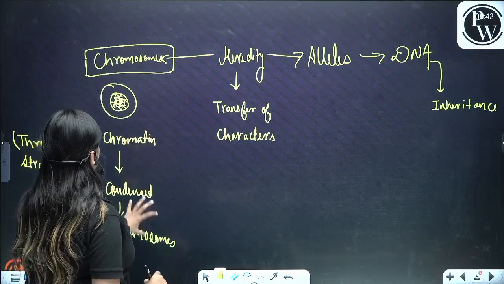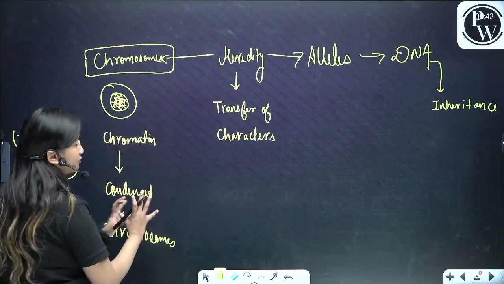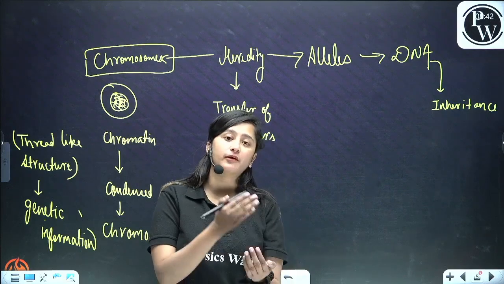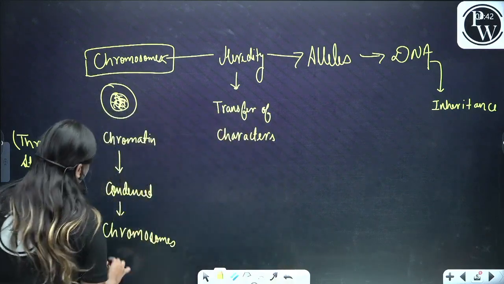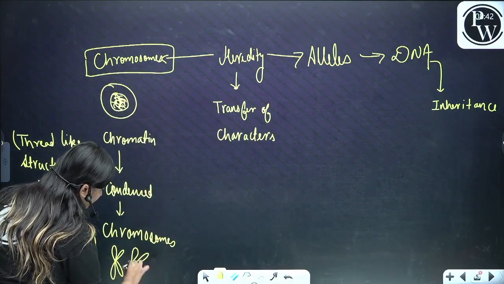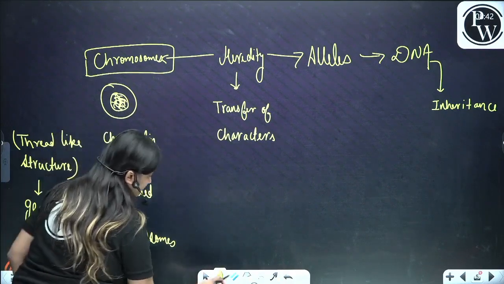Now, let's see how these chromosomes are the form which basically transfer from the parent to the progeny. These are the butterfly shape like structures like this you can see over here, right? And they contain all your genetic information.